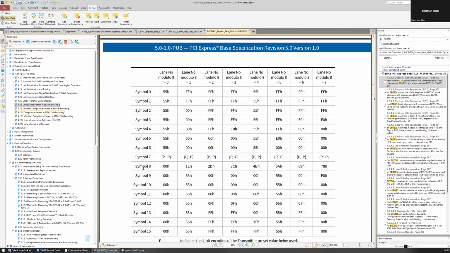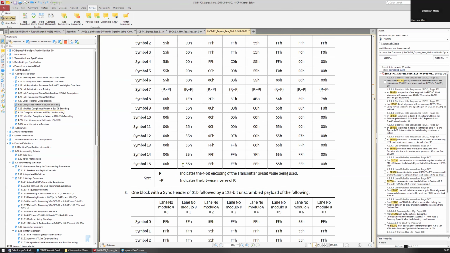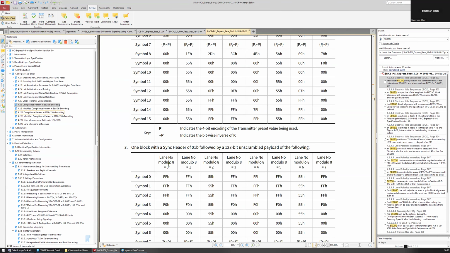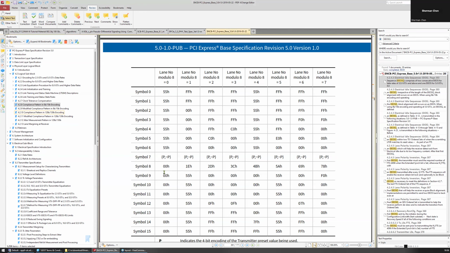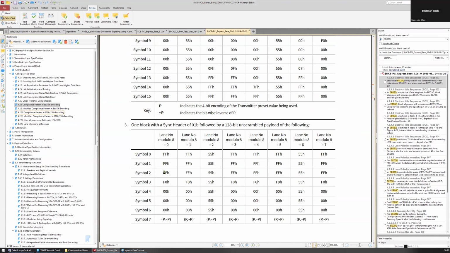And in total 16 symbols. So it's 16 by 8, 128 symbols in total. The third block contains the same sync header.